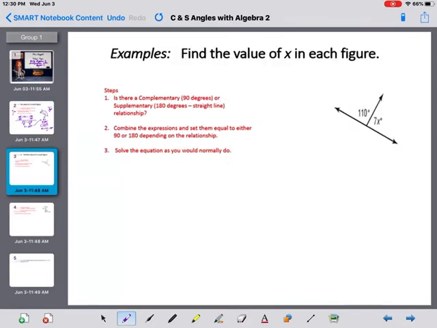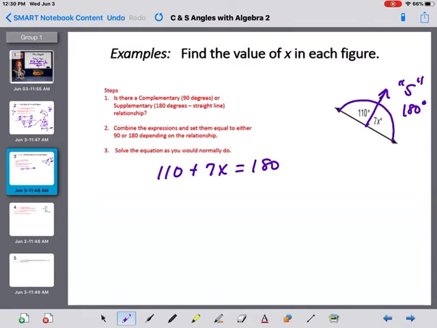Okay, let's take a look at another problem. Here we want to decide if we have a complementary or supplementary relationship. Again, I definitely don't have one right angle here, but I definitely have one full straight angle that is broken into two pieces. So I know it is a supplementary relationship. The sum of the two angles is 180 degrees. So I want to take one of the angle measures, 110, add the other, 7x, set it equal to 180, and solve.